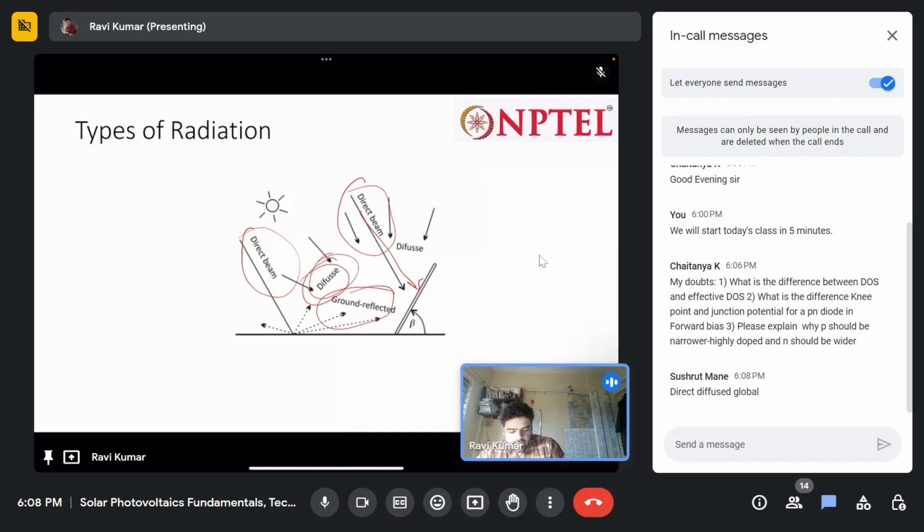Direct plus diffuse becomes global radiation. This is just a pictorial representation for your understanding.